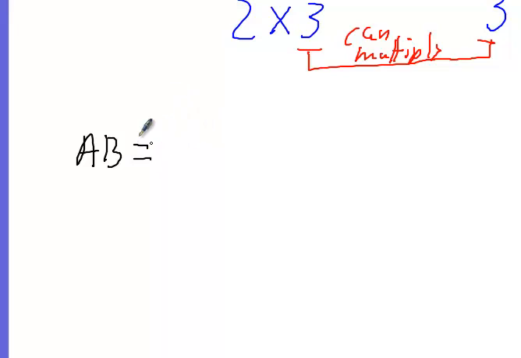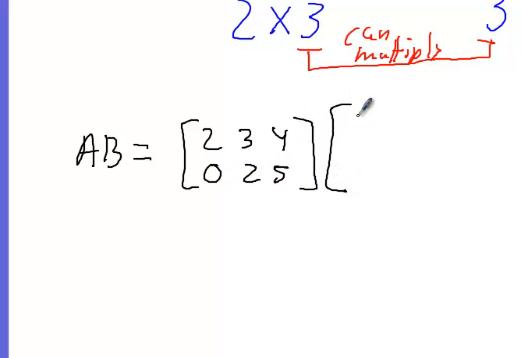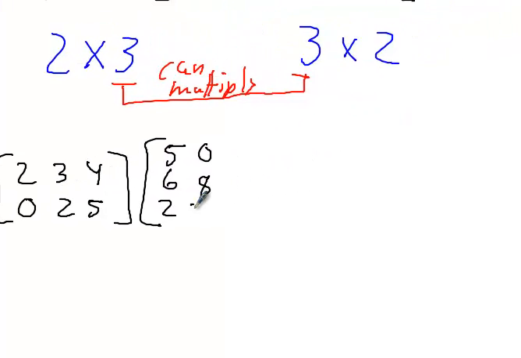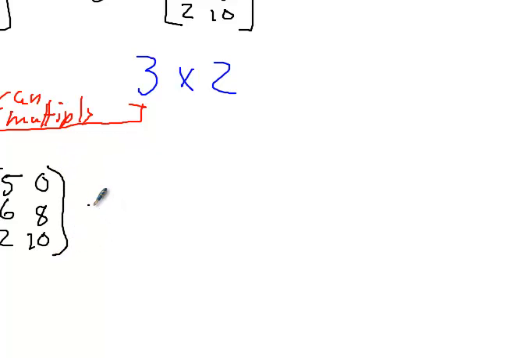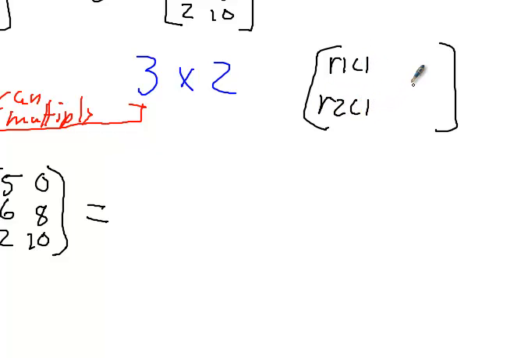So we know that AB is really 2, 3, 4, 0, 2, 5 times 5, 6, 2, 0, 8, 10. So basically we know that our matrix is going to be a 2 by 2. It's going to be row 1, column 1, row 2, column 1, row 1, column 2, row 2, column 2.